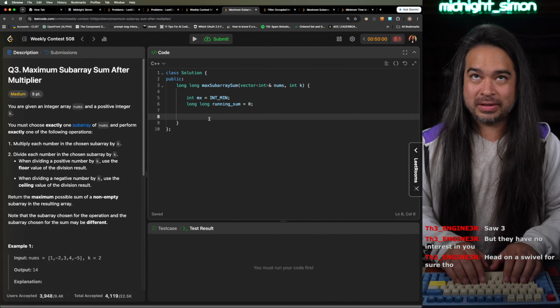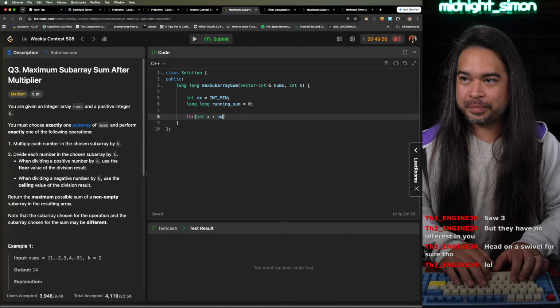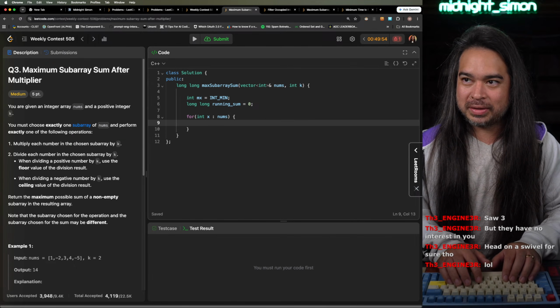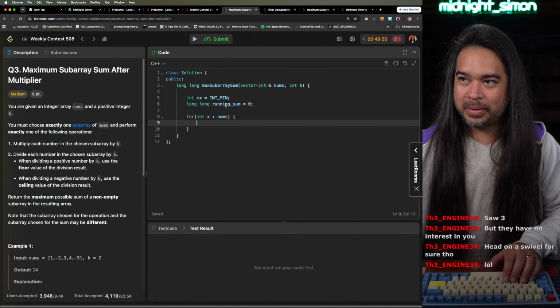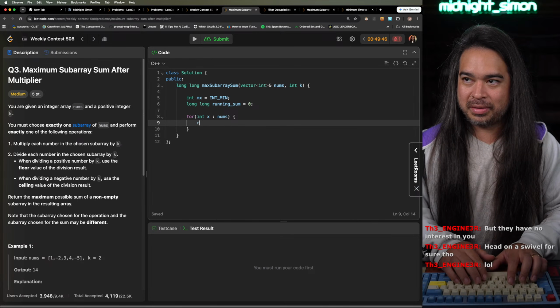Alright, Kadane's. How do we do Kadane's? Kadane's algorithm says that the biggest subarray sum of an array with negative numbers is just the biggest sum.